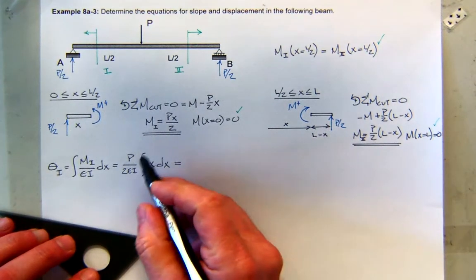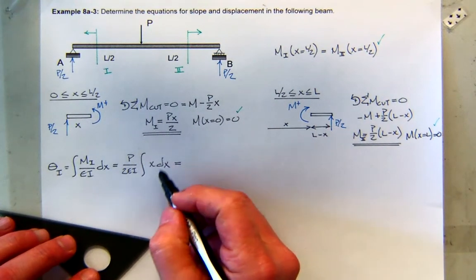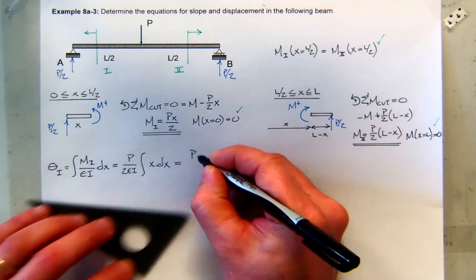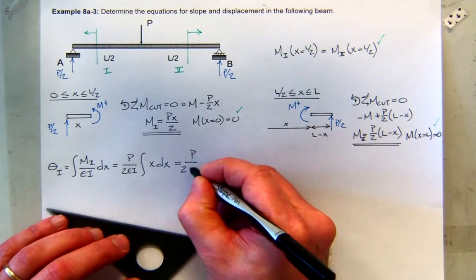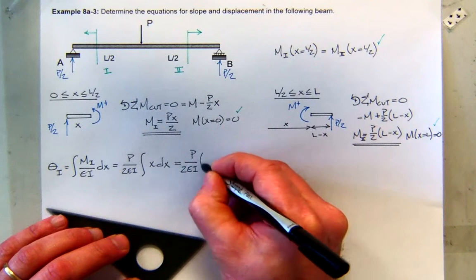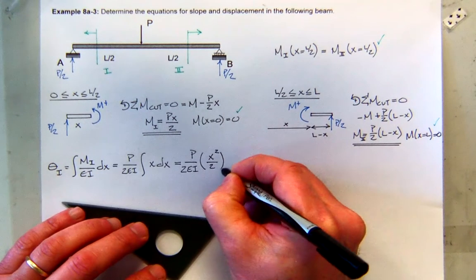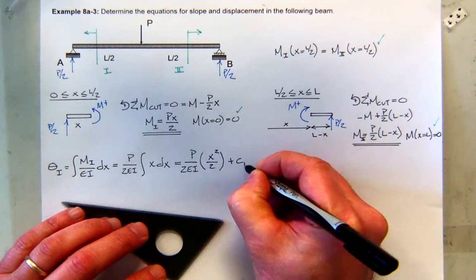I bet you've done that one before. I'm pretty sure you have. So it's going to be P over 2EI times x squared over 2, and then plus our first integration constant, C1.